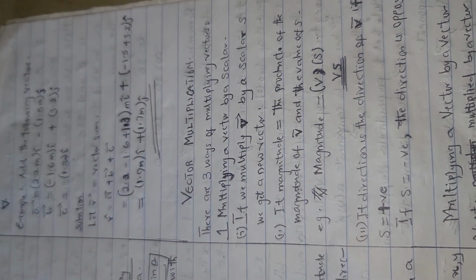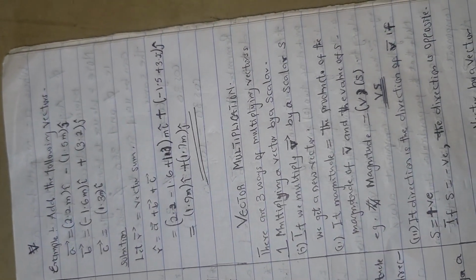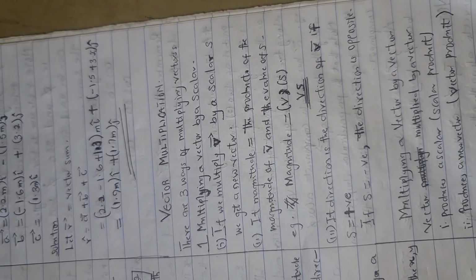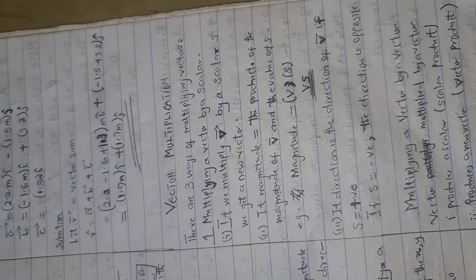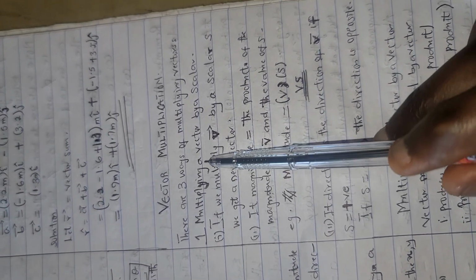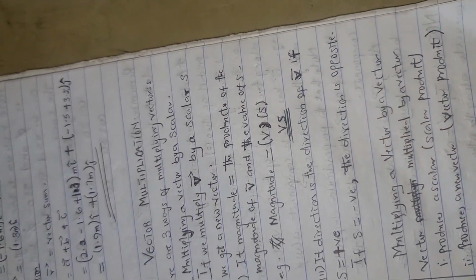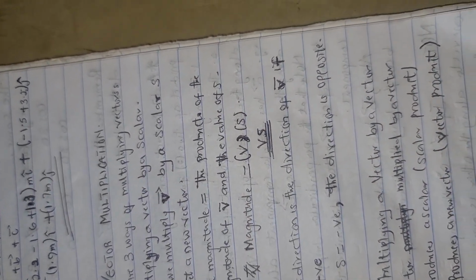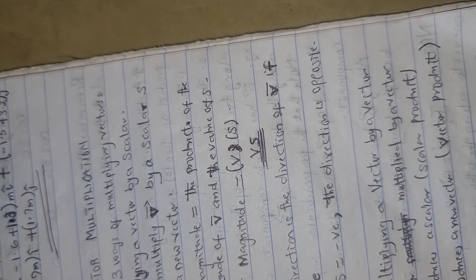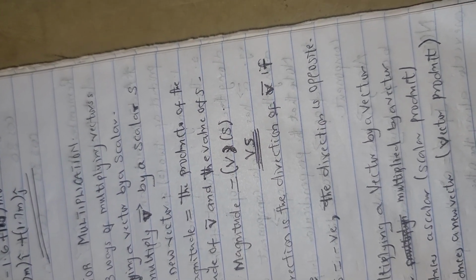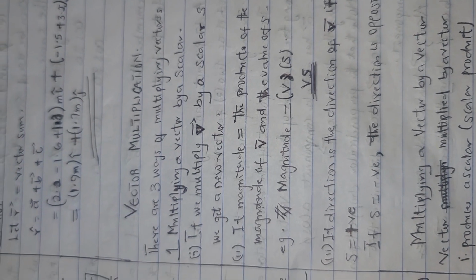Now, vector multiplication. There are exactly two ways to multiply vectors. The first one is multiplying a vector by a scalar. When you multiply a vector by a scalar, you get a new vector.